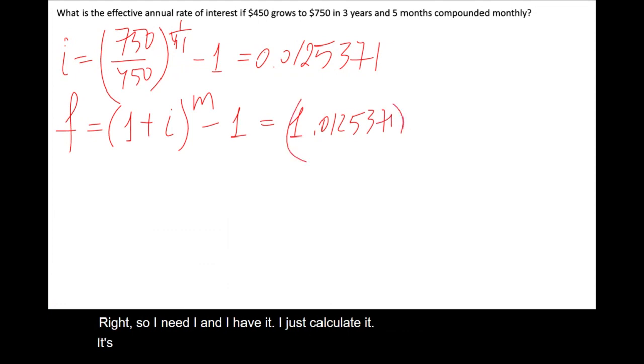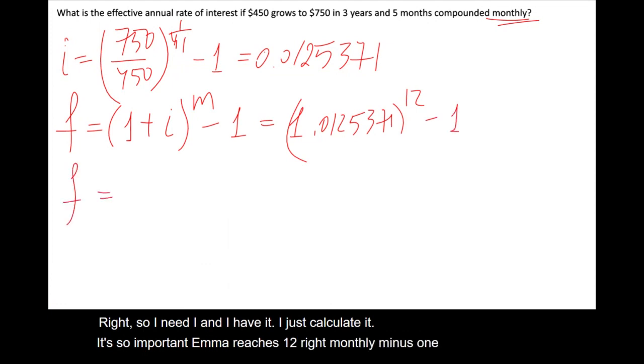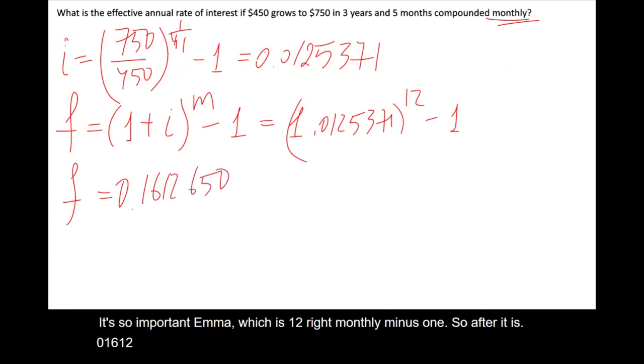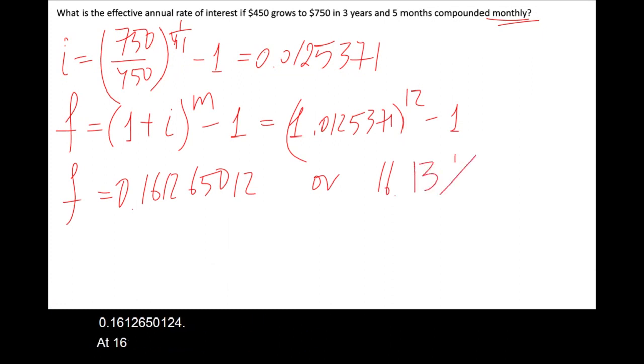Right, so exponent m, which is 12, right, monthly, minus 1. So f is 0.1612650012, or 16.13%.